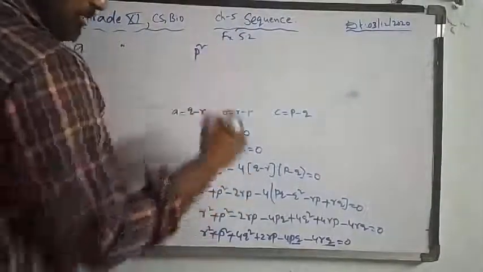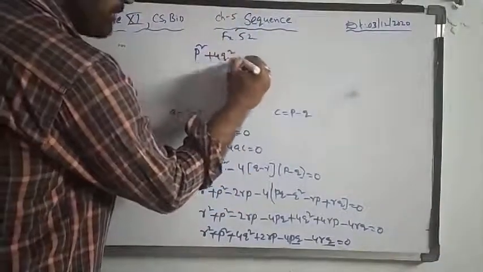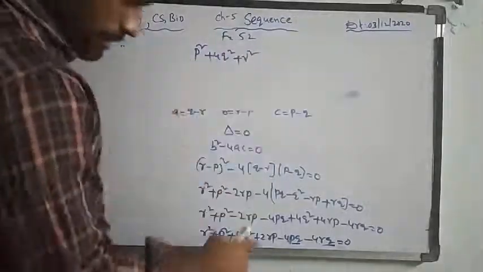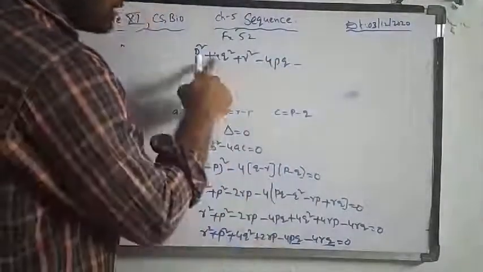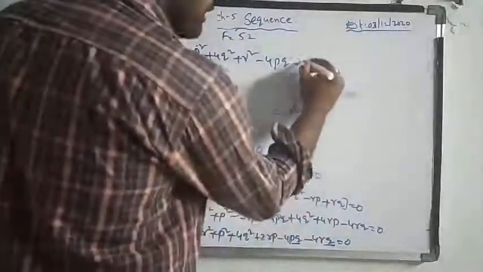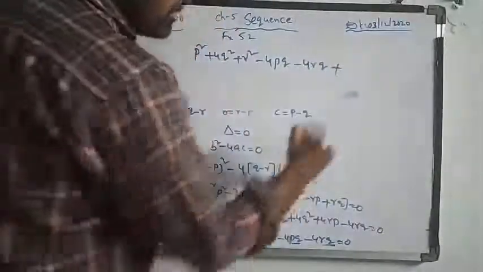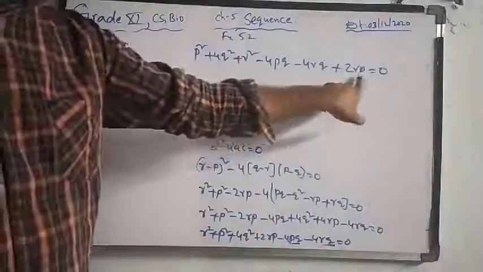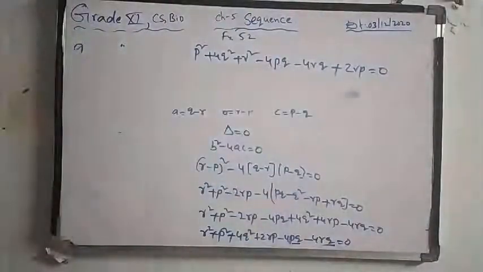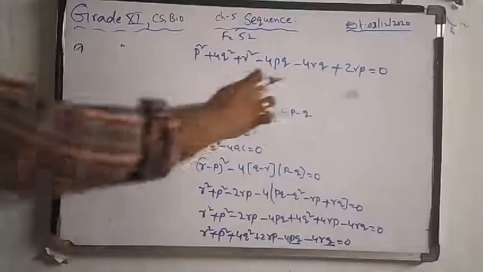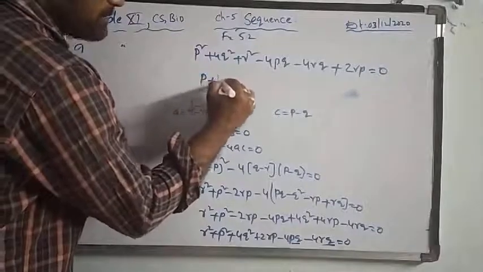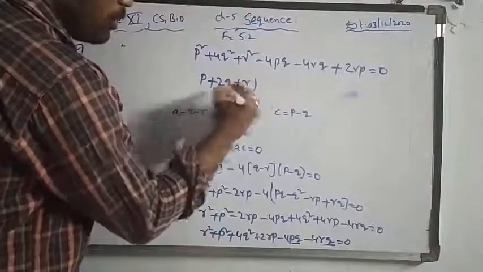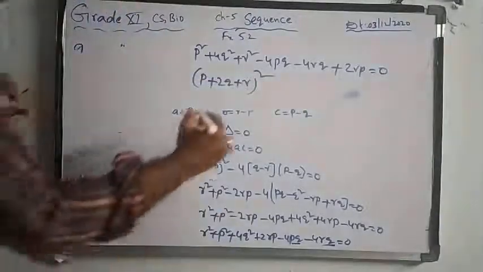Let us write the p term, next the q term, next the r term, next the pq term. The pq term is minus 4pq, next the qr term minus 4rq plus 2rp is equal to 0. Since 2rp is positive, then definitely for q it should be negative. That is (p plus 2q plus r) whole square is equal to 0.